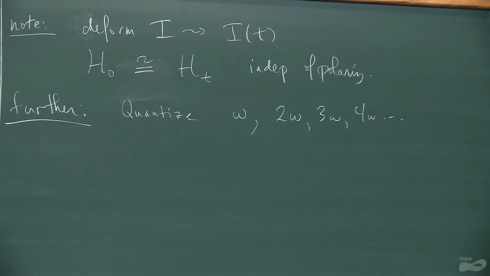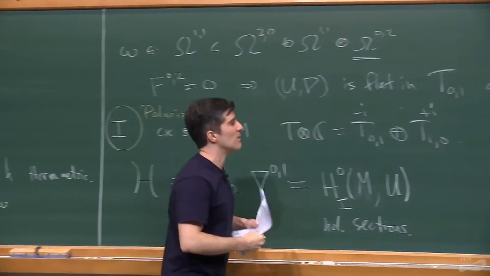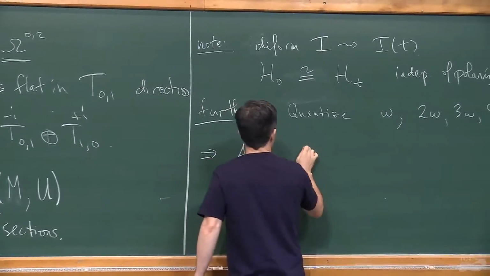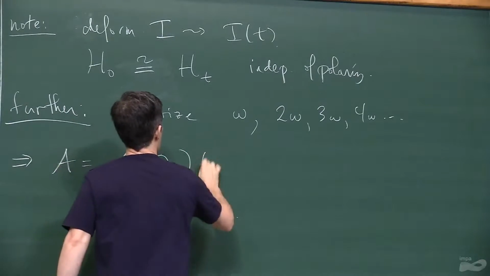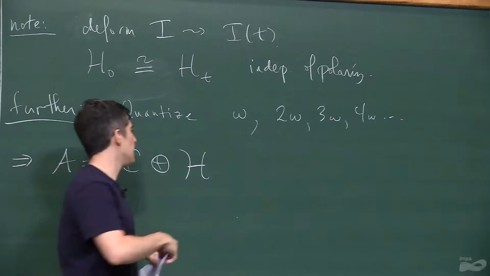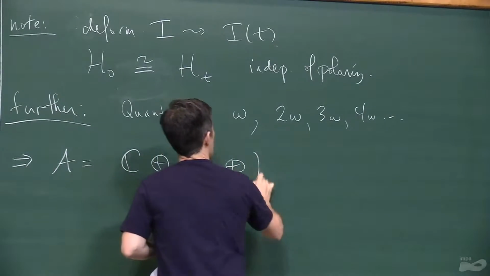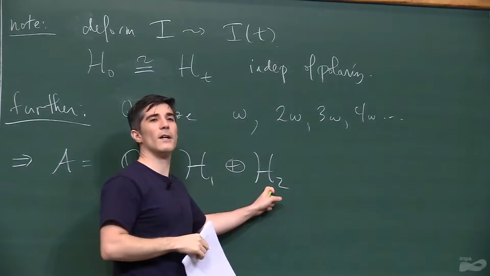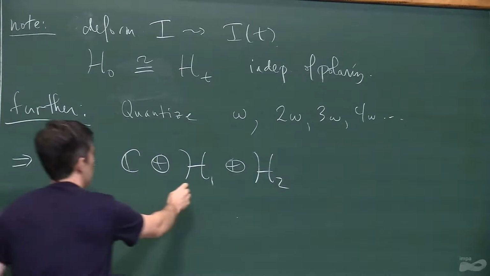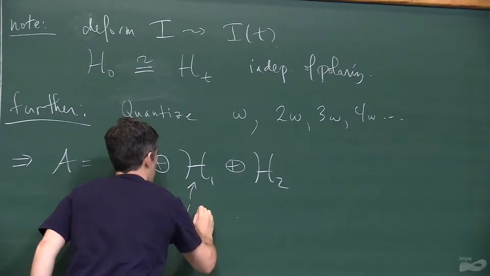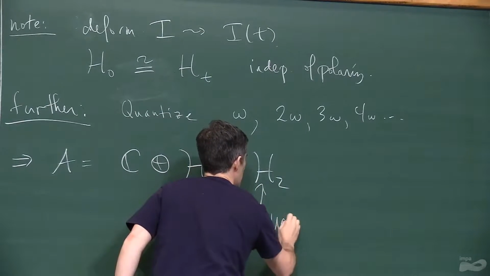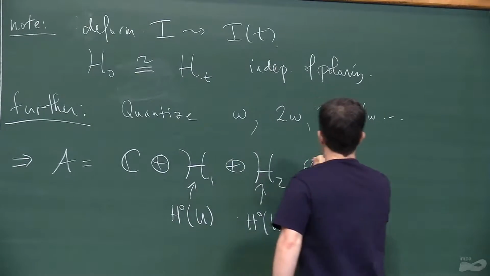Okay, so I want to produce now a sequence of vector spaces. So what we get is this is the quantization of omega, and this is the quantization of 2 times omega, which would involve H0 of U. This involves H0 of U tensor U. Okay.